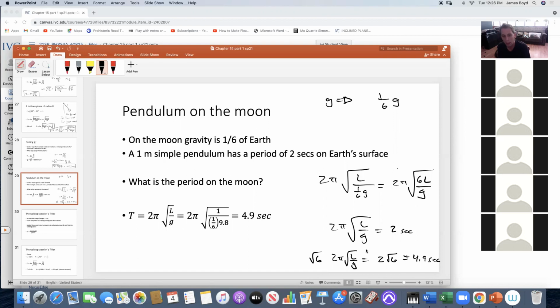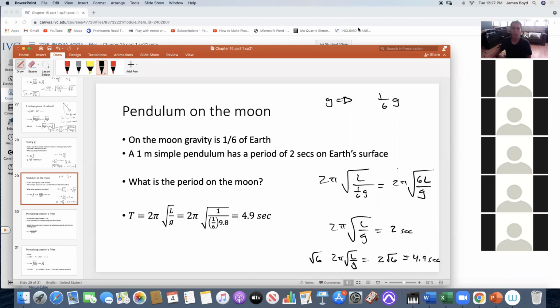The only thing that matters is the length and the gravitational constant. That's kind of cool that it works. Hopefully, maybe one of you will get to go to the moon and try it and tell me if it works someday, since they'll maybe be sending people soon, by the time you guys are 30.